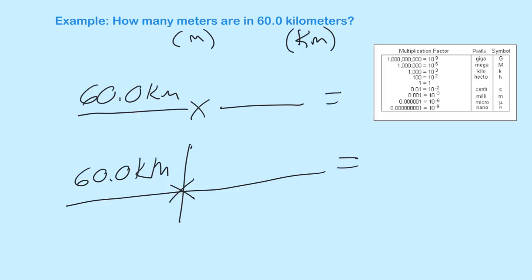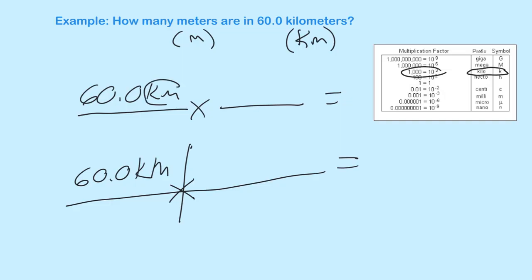But the basic idea is we have 60 kilometers as the given amount. It's often written without the 1 underneath, so I don't usually write the 1. It's technically 60 kilometers over 1 with no unit, but I'm just going to get rid of that. Then I go to my table and I see kilo and 10 to the third, or 1,000, however you want to write it.